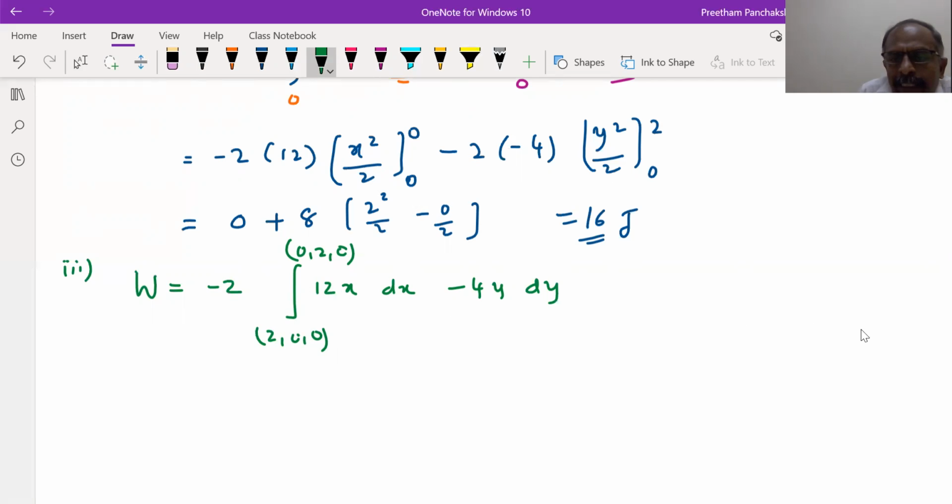Then change in dx happens along the x-axis, change in dy happens along the y-axis. So we reach the point along this path. But actually the problem demands the path to be the straight line. So now we have to obtain an equation which will define the straight line path between the 2 points.